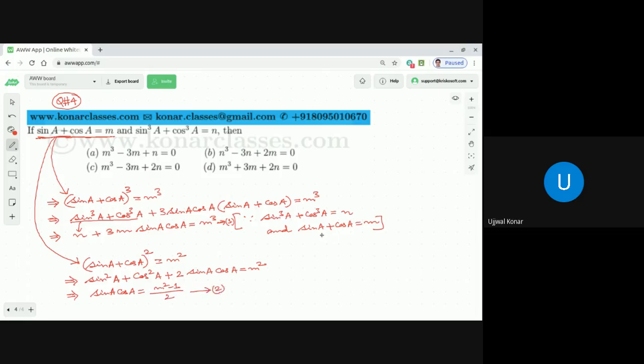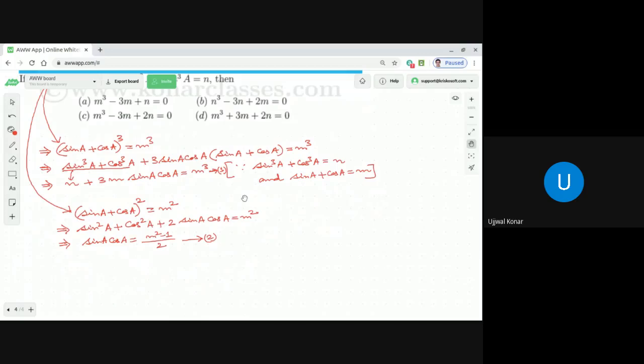Now let's bring equation 1 and equation 2 together. This is equation 1 and this is equation 2. So from here what we are going to get, dear students? n plus 3m into sin A into cos A, which is m square minus 1 divided by 2, is equal to m cube.